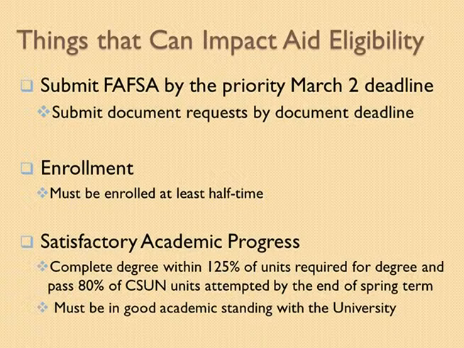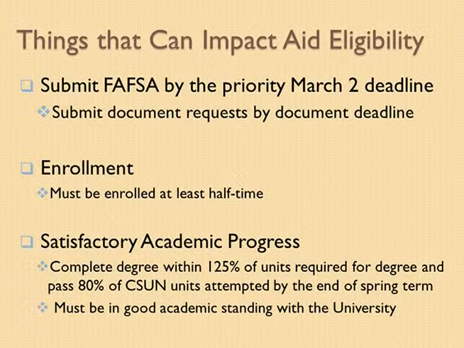your pass rate. You must be passing at least 80% of your CSUN units attempted by the end of the spring term. And lastly, we check for maximum unit cap. And how that's defined is you must complete your graduate degree within 125% of units required for your degree.